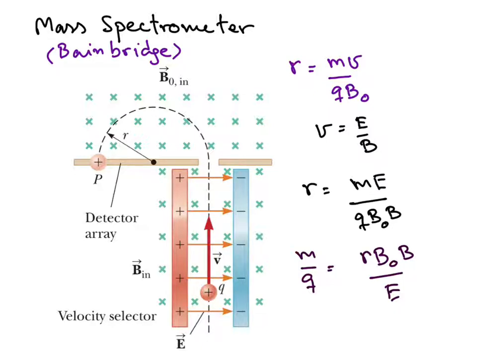But if they have the velocity of E over B, they can pass the velocity selector. Once the particles pass through it, we have the slit here again to select only the particles that move in a straight line.